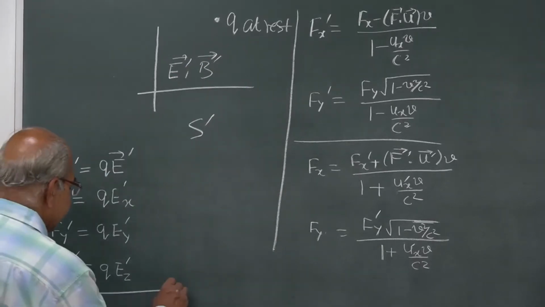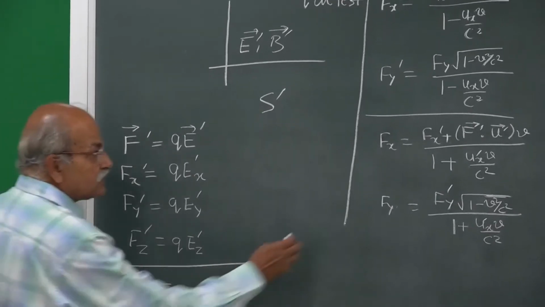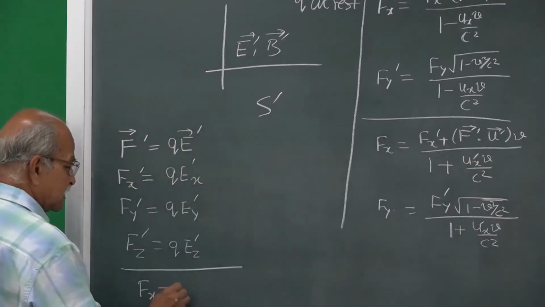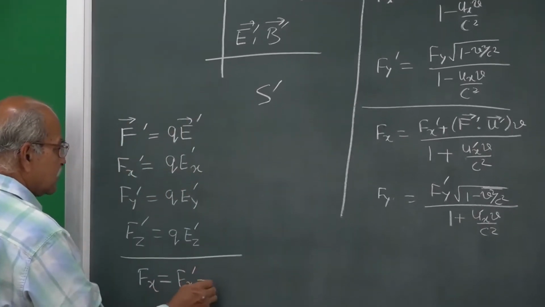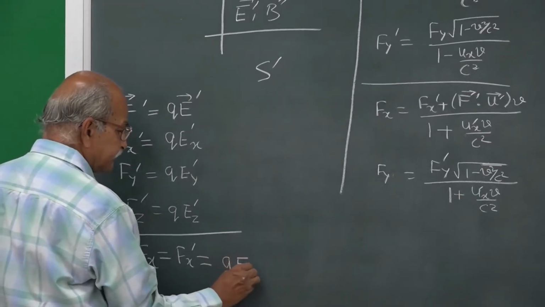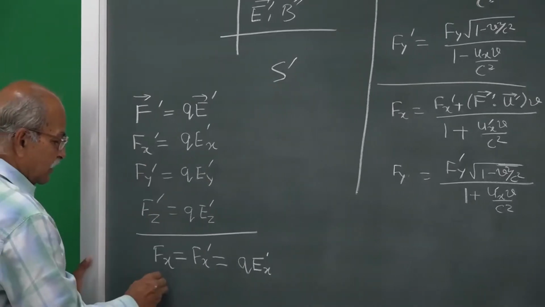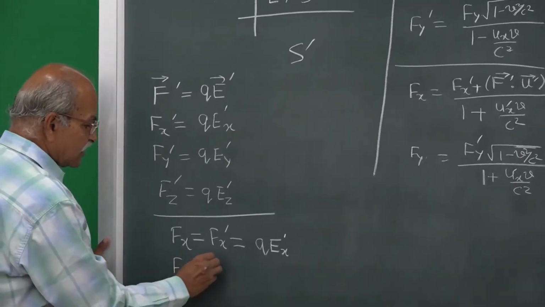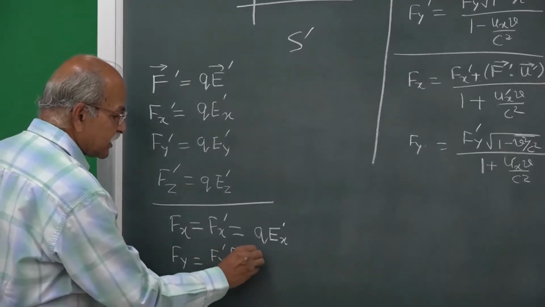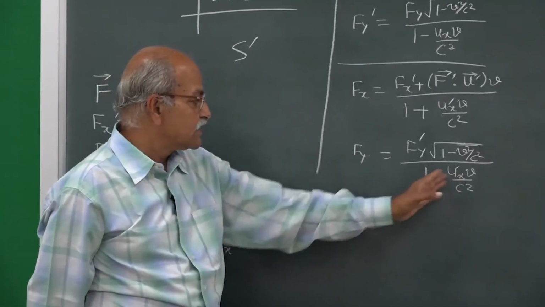What you get is Fx is equal to just Fx prime, because this is 0, this is 0. So, this is Fx prime, and that is q times Ex prime. Then Fy is equal to Fy prime square root 1 minus v square by c square, because this denominator is just 1.